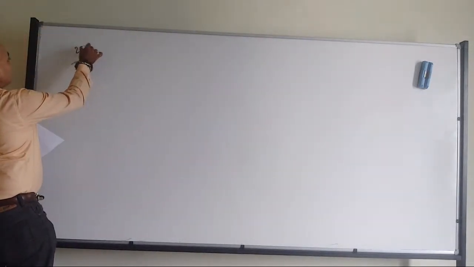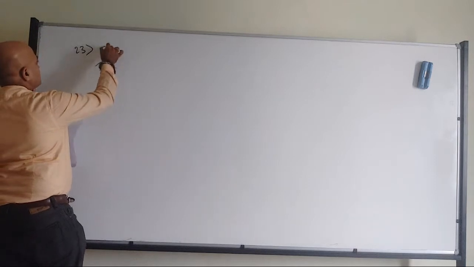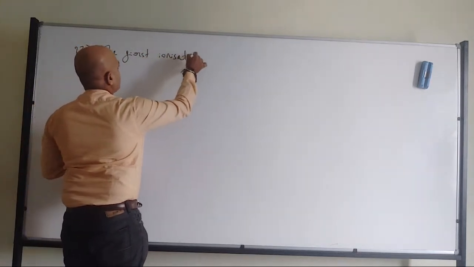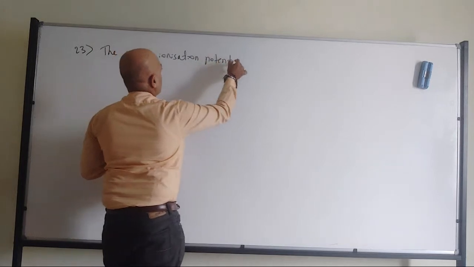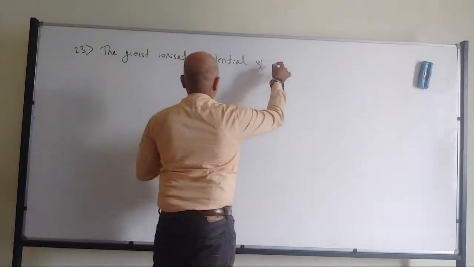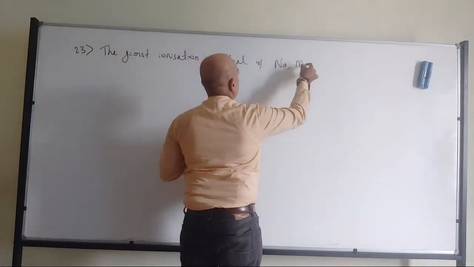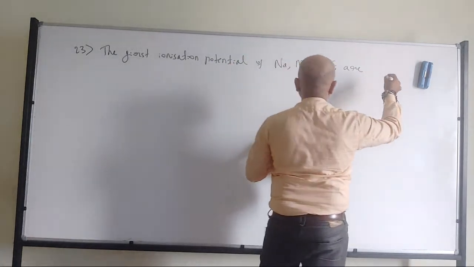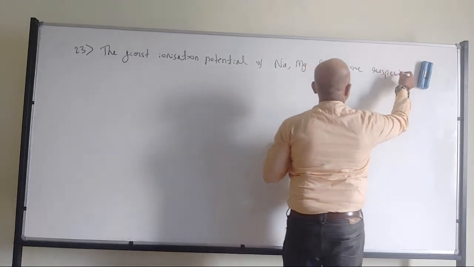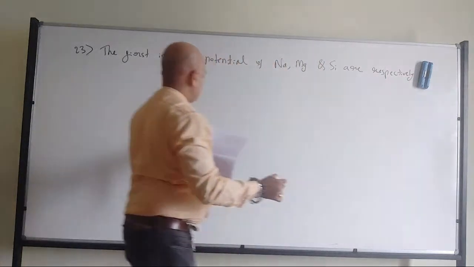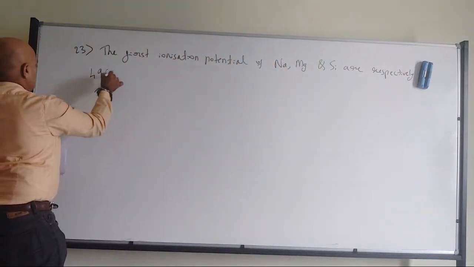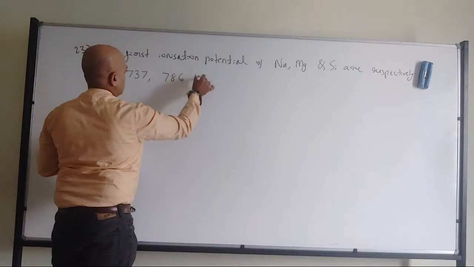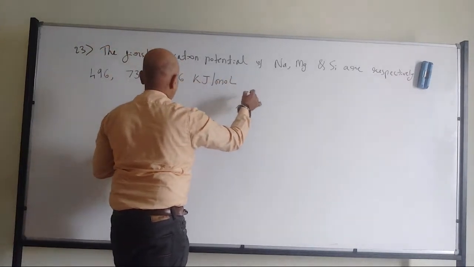Question number 23. The first ionization potential of sodium, magnesium and silicon are respectively 496, 737, 786 kilojoules per mole.